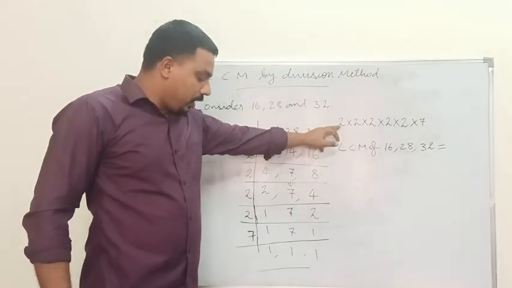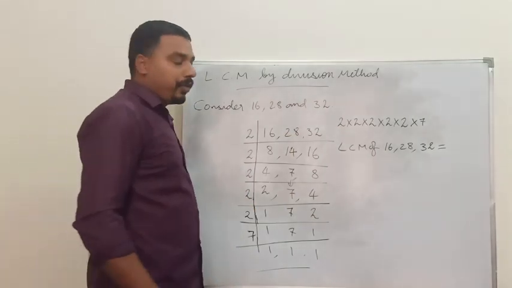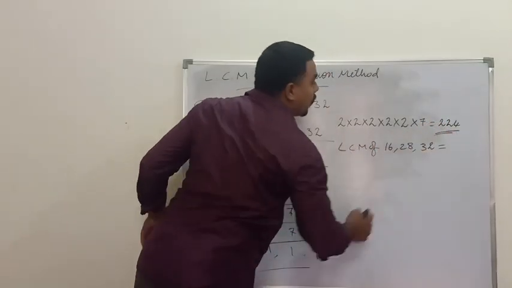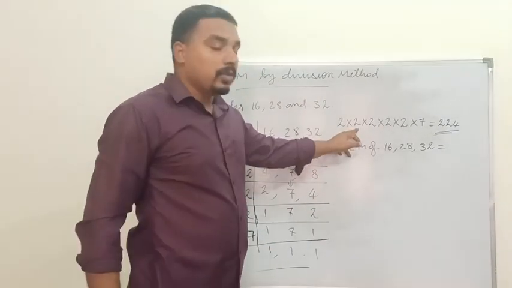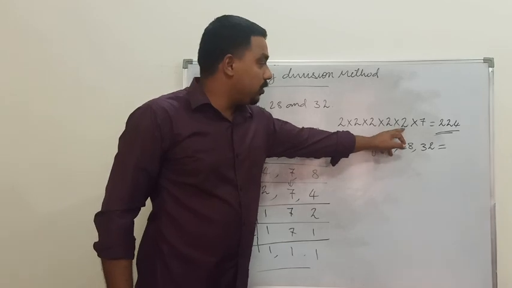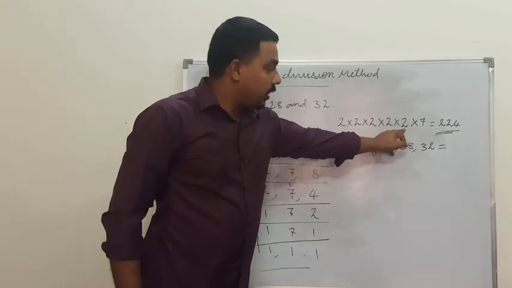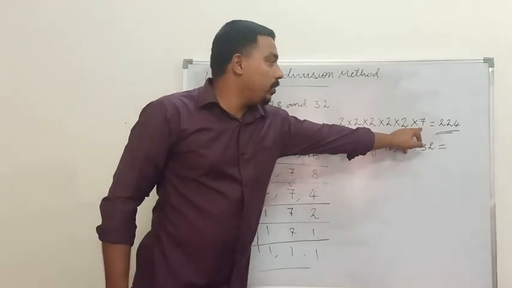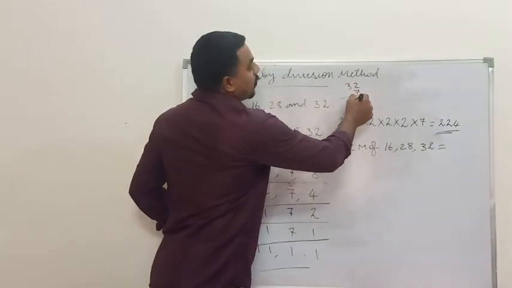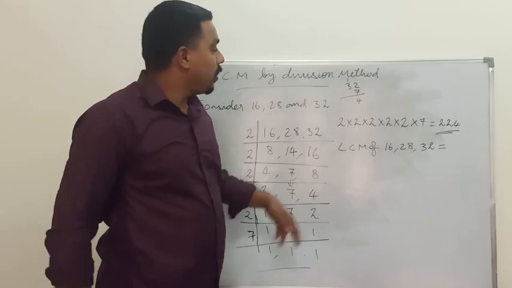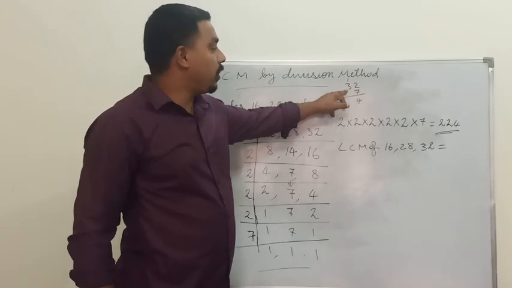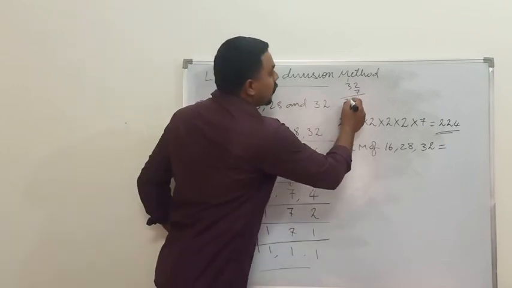How to multiply this? 2 2s are 4, 4 2s are 8, 8 2s are 16, 16 into 2 is equal to 32, 32 into 7 is equal to how much? 2 7s are 14, then 3 7s are 21 plus 1 is equal to 22.